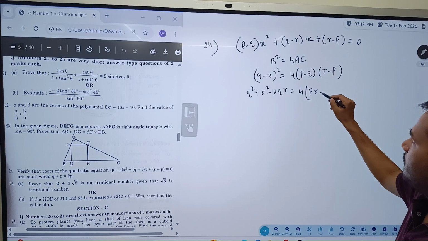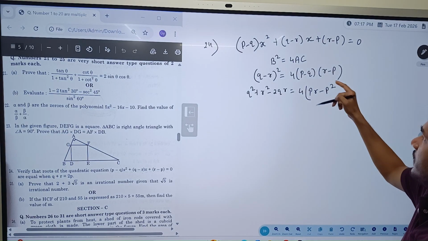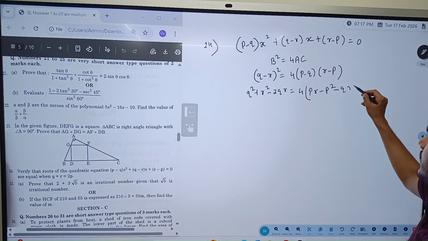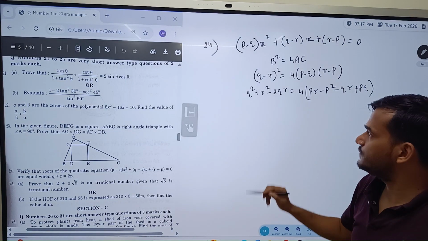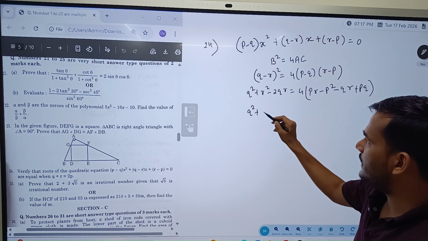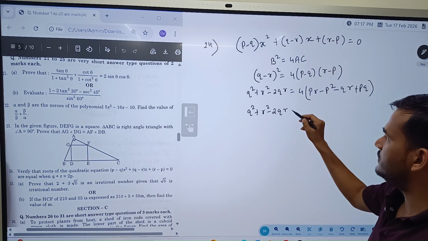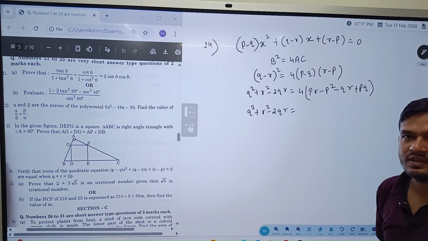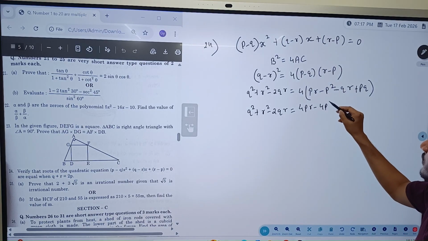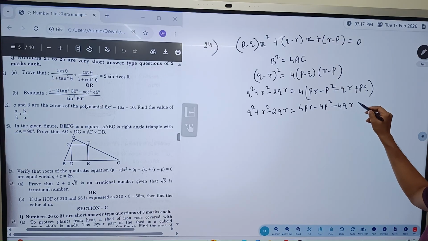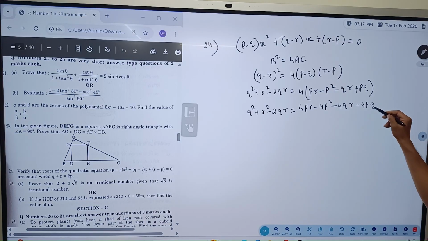P into R minus P into P, P square, minus QR plus PQ. So just open the bracket. Q square plus R square minus 2QR is equal to, multiply 4 inside the bracket, 4PR minus 4P square minus 4QR plus 4PQ.